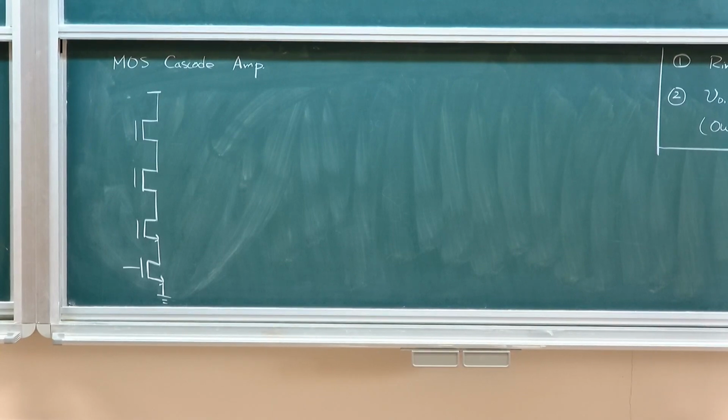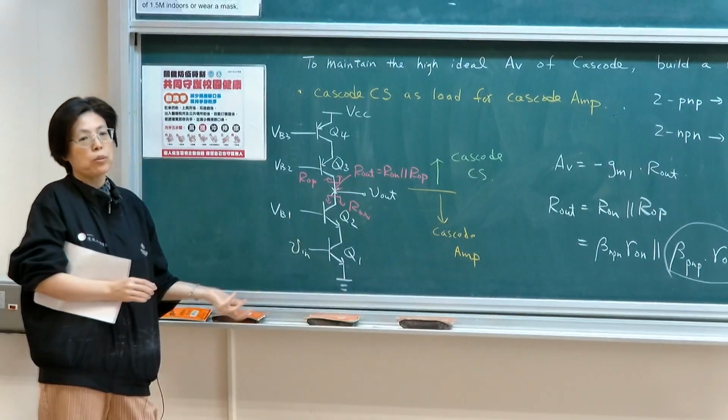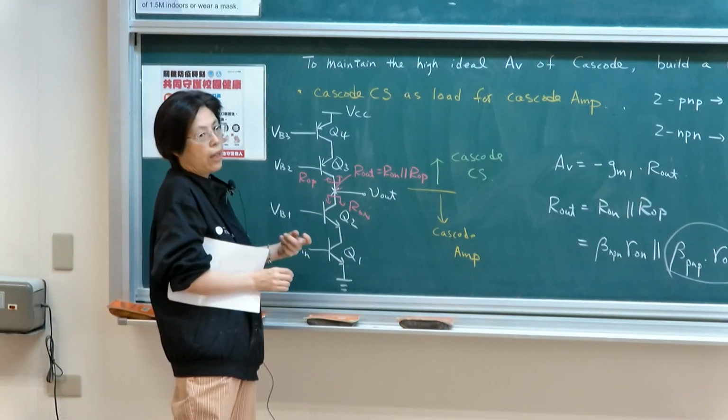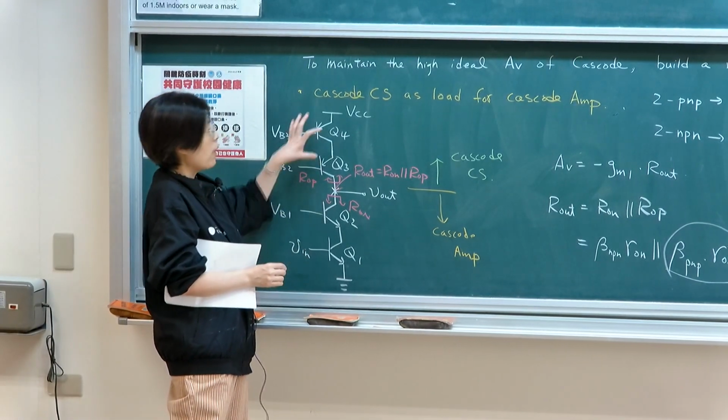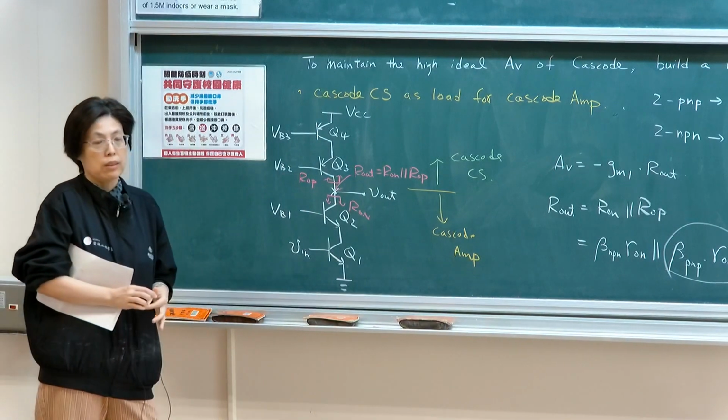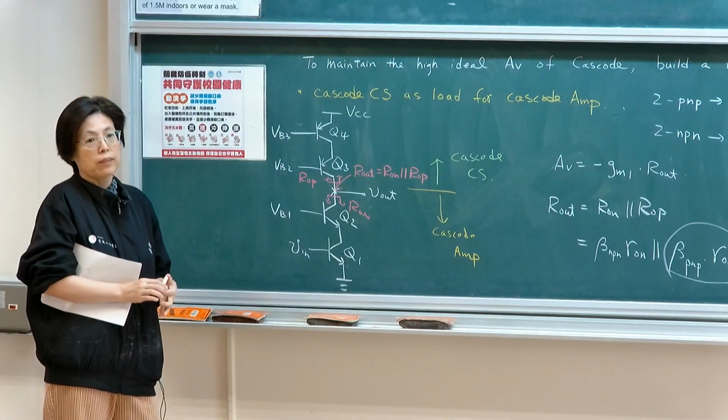Why don't I want to use this as the amplifier, this as the current source? Why do we typically use N channel or NPN as an amplifier, P as the load? Does anyone know why?